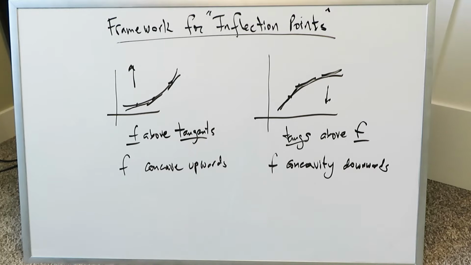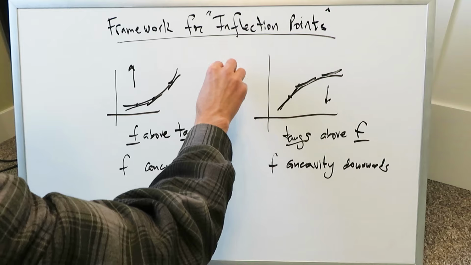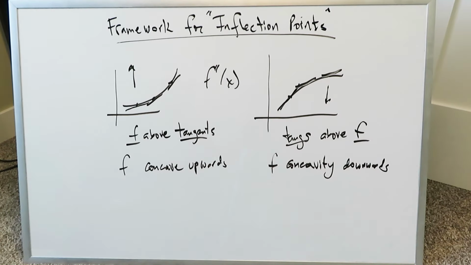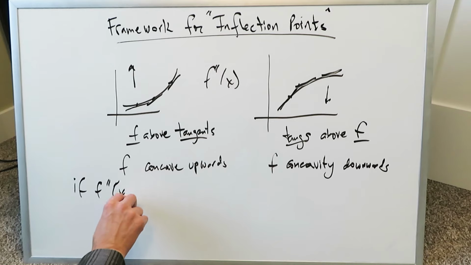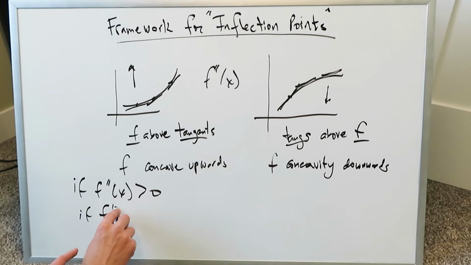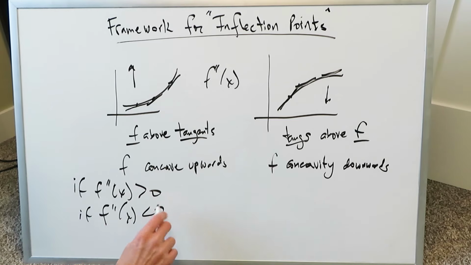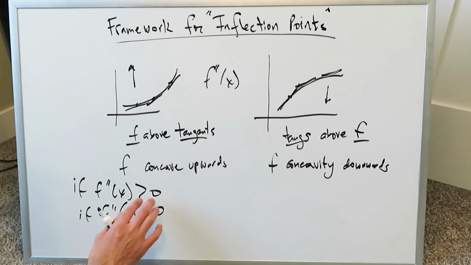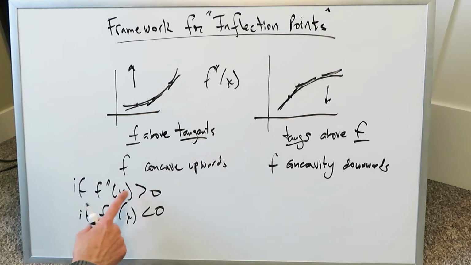This concavity test has very much to do with the second order derivative of a function, and you should know this specific instance over here. The second order derivative: f second order greater than 0, and then f second order derivative less than 0. What does greater than 0 or less than 0 mean? It means in terms of a value plugged in, you're getting a positive output or a negative output.